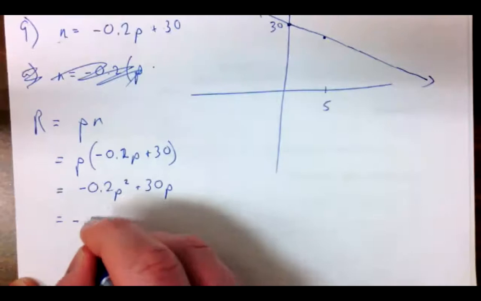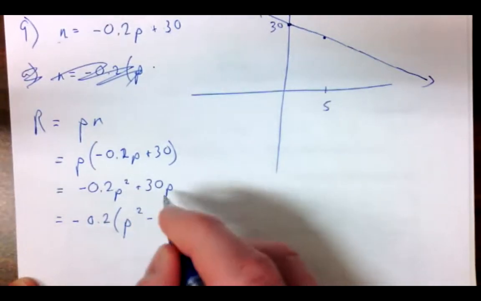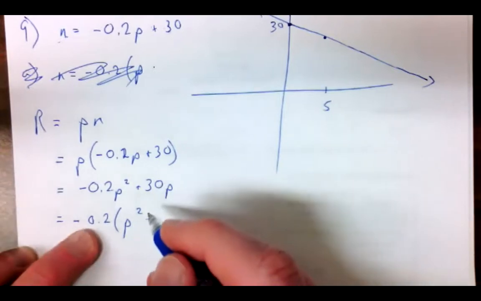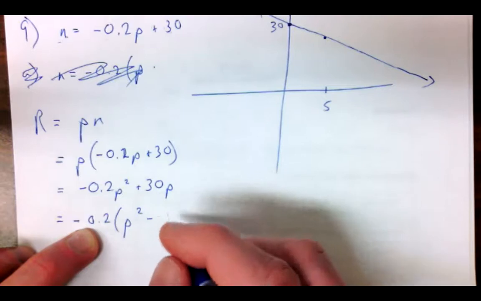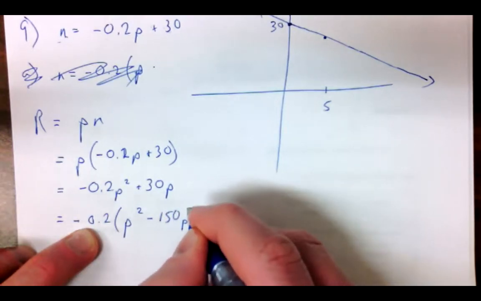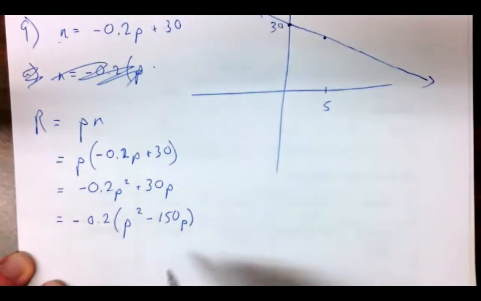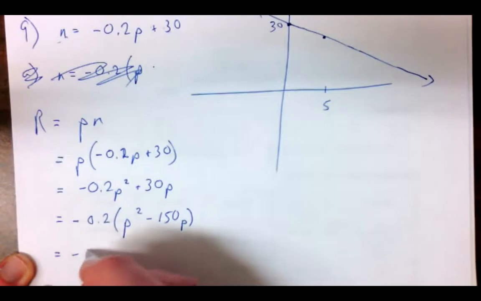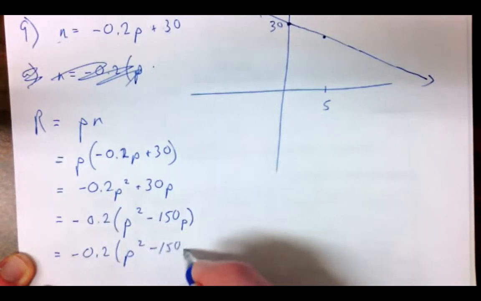Factor that out, negative 0.2P squared minus, so 30 divided by 0.2 is 150, is that right? So it'd be 150, yeah, okay. So factor that out, and now we complete the square: negative 0.2P squared minus 150P.